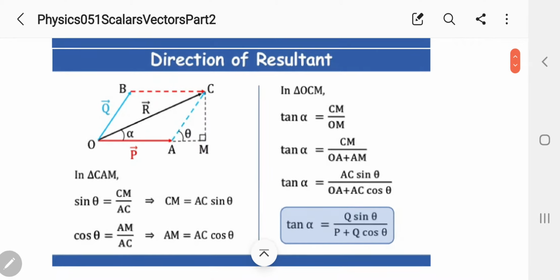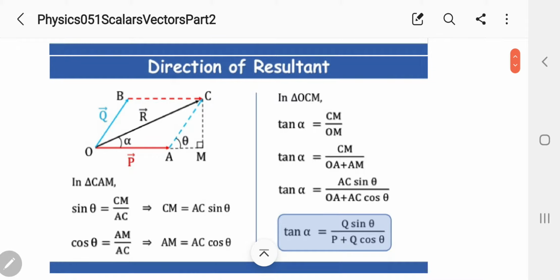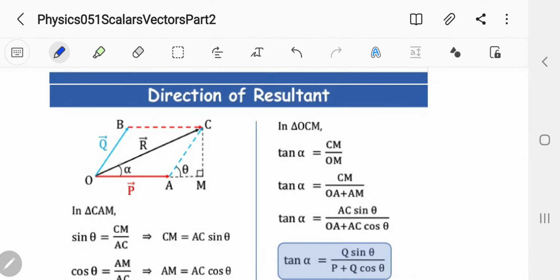The direction of the resultant is alpha, the angle between the horizontal line and the direction of the resultant.